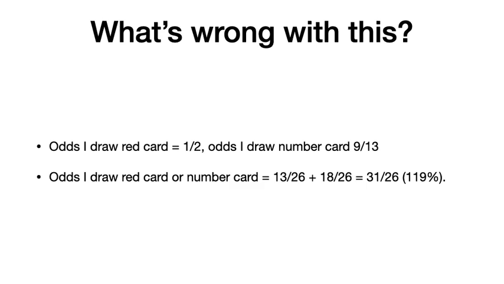Odds cannot be greater than 100% or less than 0. If it comes up less than 0, that almost never happens even when you make a mistake with the math. Much more common is you get higher than 100%. If that happens, you know there's a mistake somewhere, right? This is impossible, so where's the mistake?